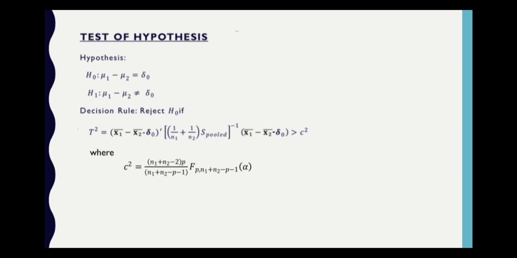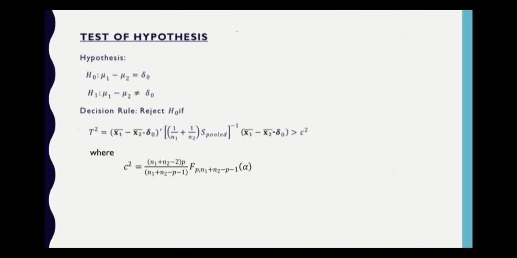This is the T-square from before, and we compare it with c-square. This is the formula. We will reject H naught if the value of T-square is more than the value of c-square.